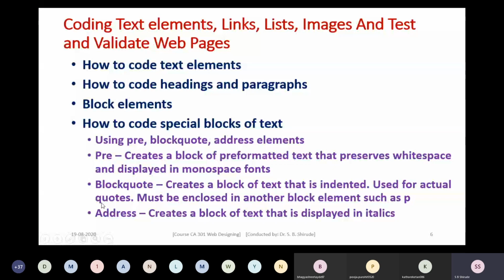And then there is another element called address that you can use for special blocks of text. It creates a block of text that is displayed in italics. Normally when you want to give your address, such as your residential address, your email address, or your contact information, you can put it in this address element.